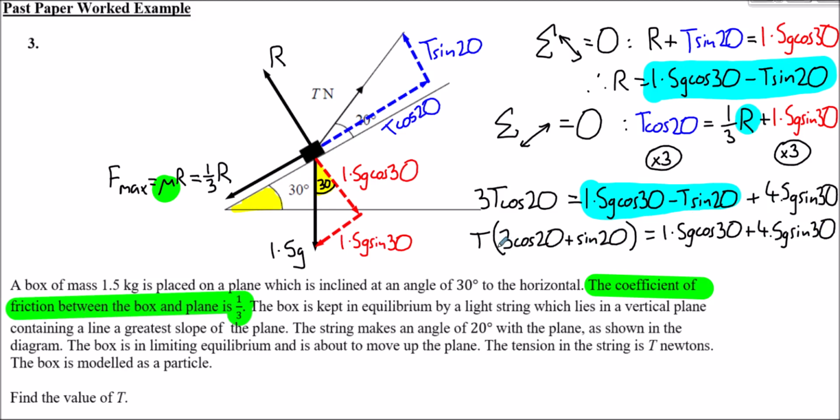Finally, we can divide both sides by 3 cos 20 plus sine 20 to get what T will equal. So, final step, T is going to be 1.5g cos 30 plus 4.5g sine 30, and then all of this divided by 3 cos 20 plus sine 20.